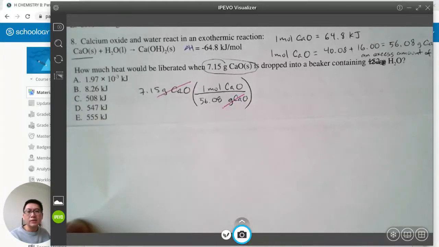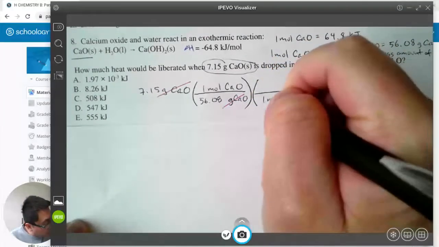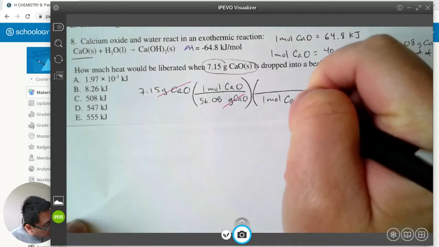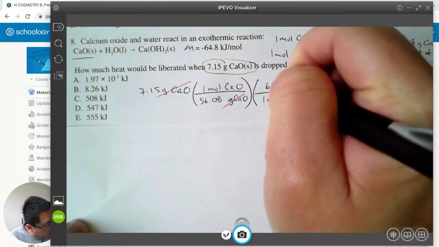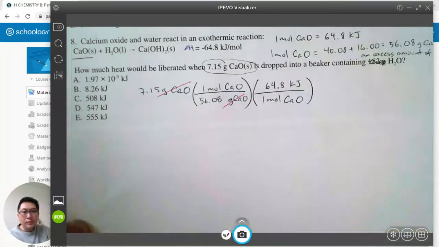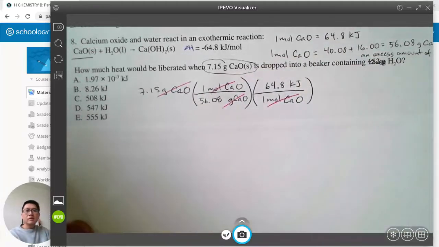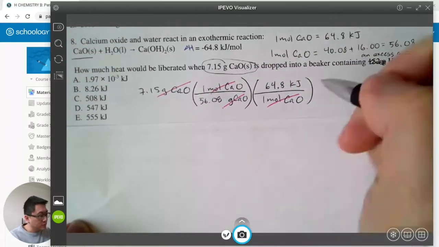Now I have moles. I'm not trying to find moles. I'm trying to find how much heat in kilojoules. Well, I also know that 1 mole of calcium oxide is 64.8 kilojoules of heat. Moles and moles cancel out. So now we have kilojoules.